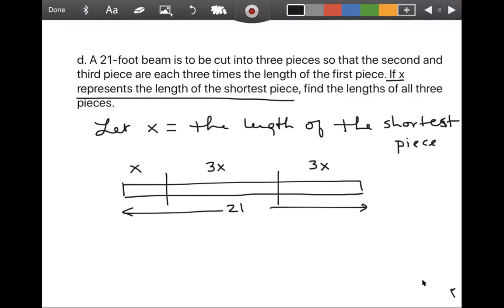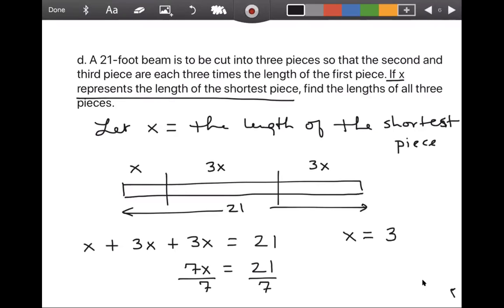So our equation is going to be x plus 3x plus 3x equals 21. Those 3 terms combine into 7x equals 21. Divide both sides by 7. We get x equals 3, which is the shortest piece.